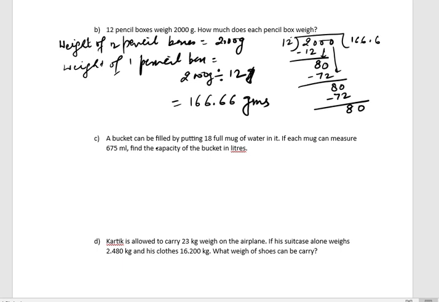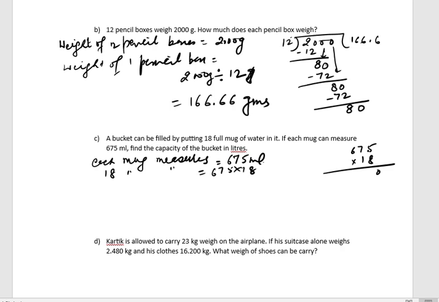As it is a word problem, we'll be writing each mug measures 675 ml. So 18 mugs will be 675 into 18. So let's multiply 675 into 18 here.